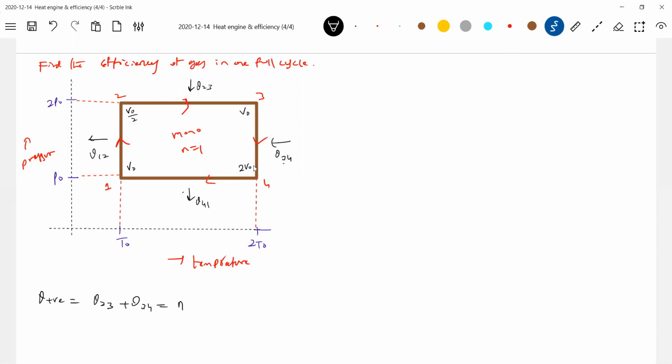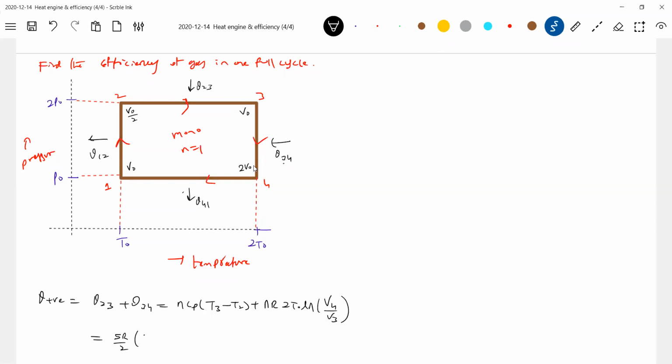So what is Q23? Isobaric heating, number of moles 1. I'll write the formula. Then this will be isothermal expansion, nR times temperature 2T naught, log of V4 by V3. Number of moles is 1, monoatomic gas, Cp is 5R by 2.